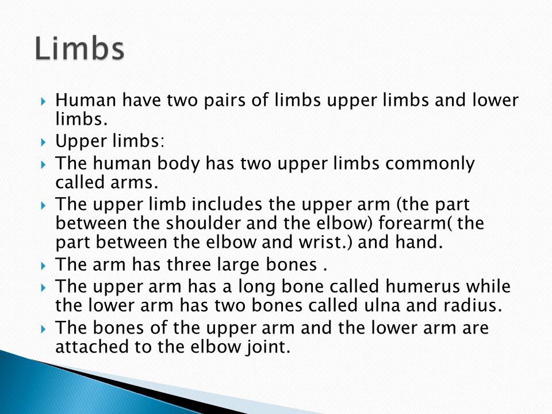The arm has three large bones. If you look at your hands, you can see the three large bones. The upper arm has the longest bone, called the humerus. Underline the word humerus. See the diagram on page number 87.